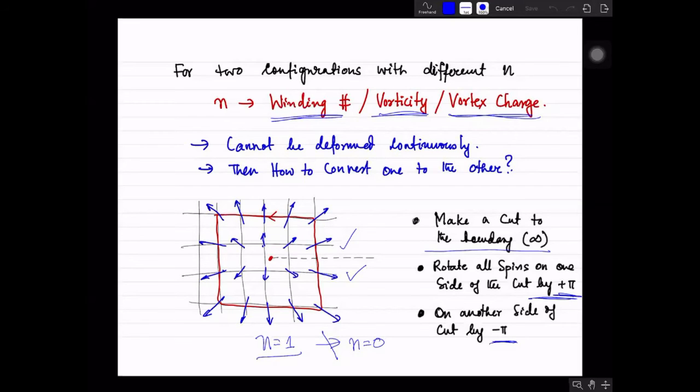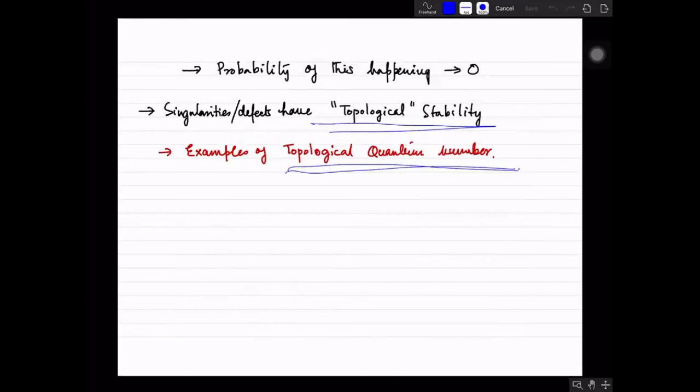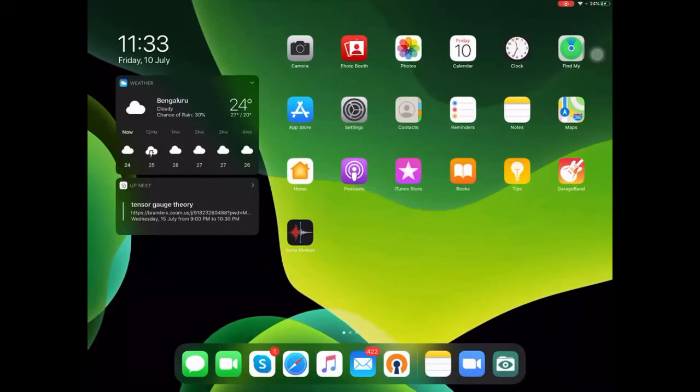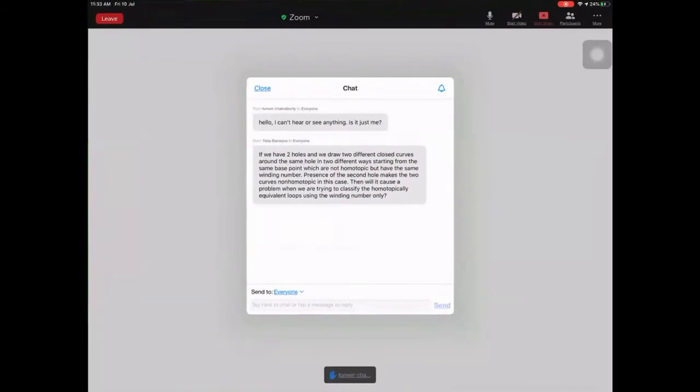Even though it might cost energy, as we will find that they do, they might remain stable or have a lifetime which is quite large. So this is a concrete example of the topological defect that we want to study. Questions at this point?